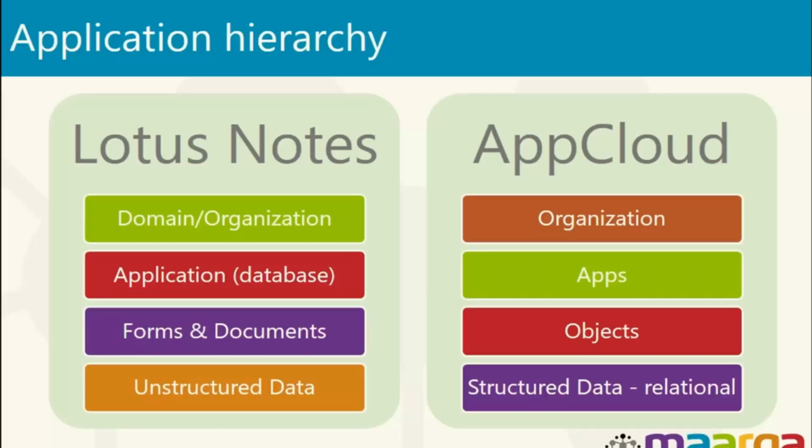When you look at the App Cloud itself, again the structure is a little similar because you have an organization and you do drive all your apps from an organization, and then unlike driving it from forms and documents, you actually have things called objects.